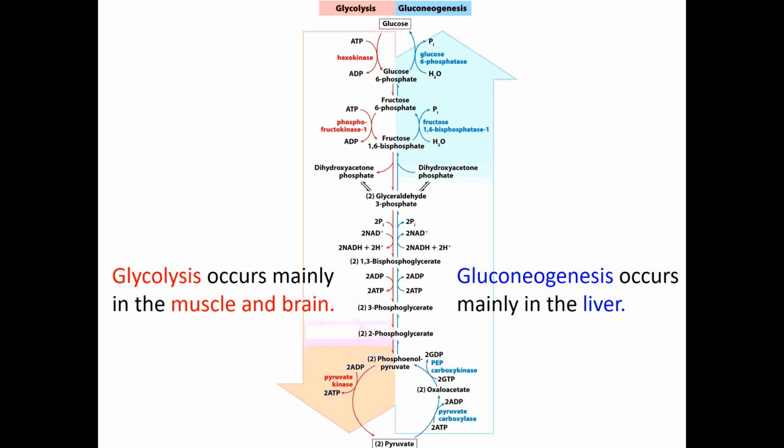So the first thing we can do is recall the important steps of glycolysis and the reverse, gluconeogenesis. With glycolysis, you see these three reactions where the enzyme is noted in red. Those are going to be the major reactions that we will regulate.